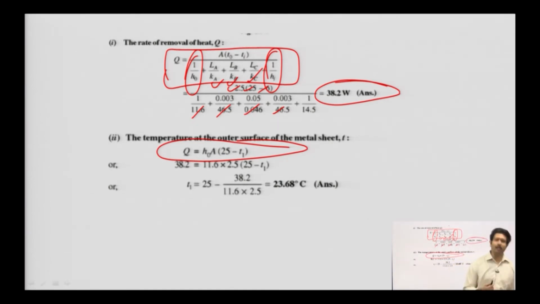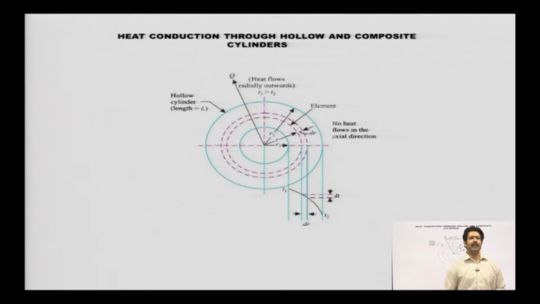So let's look at the other primary objective of learning conduction, because there is not only a slab or a rectangular object, there is also a cylinder and a sphere. So let's talk about heat conduction through a hollow composite cylinder.